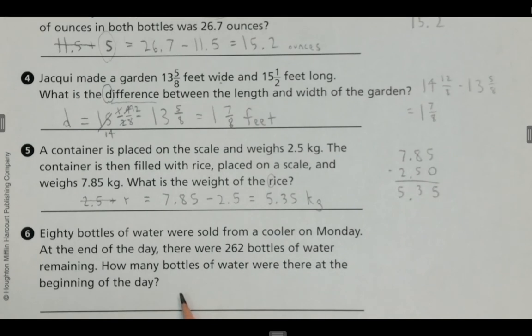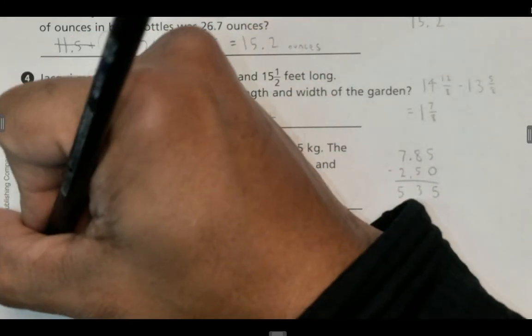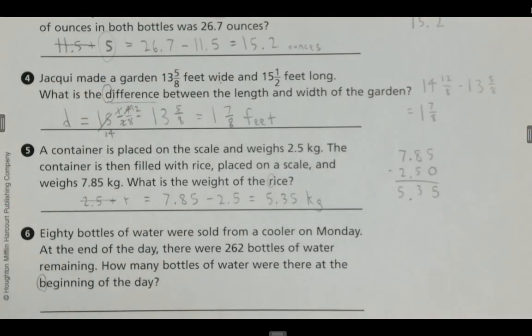Visualize a very large cooler, iced down, filled up with bottles of water. At the end of the day, this is the amount that's left. We're trying to figure out how much was there at the beginning of the day, and I'm going to use the variable B to represent that amount.